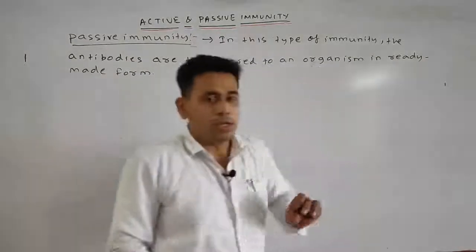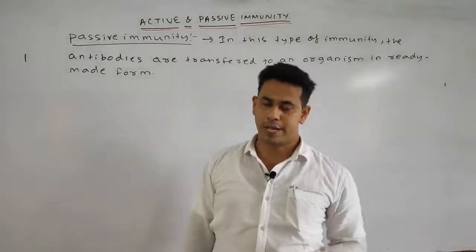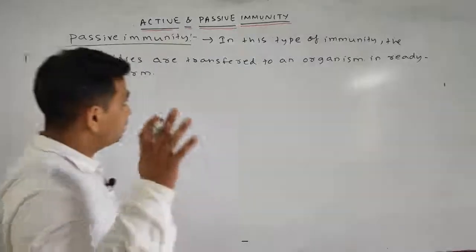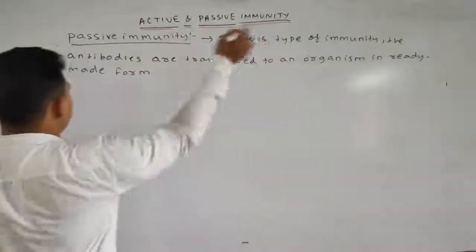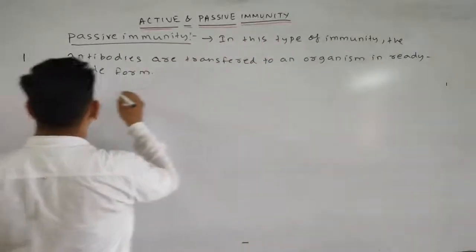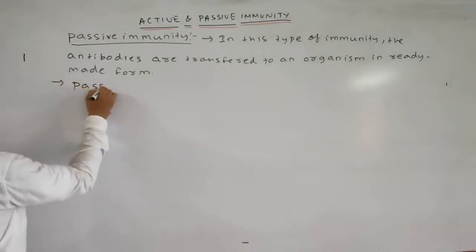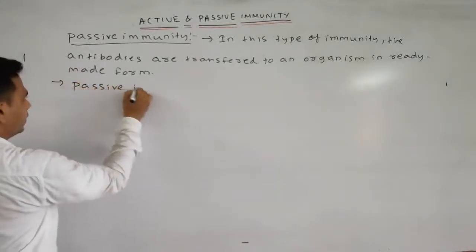Okay, further the passive immunity is divided into two types: the natural passive immunity and the artificial passive immunity.